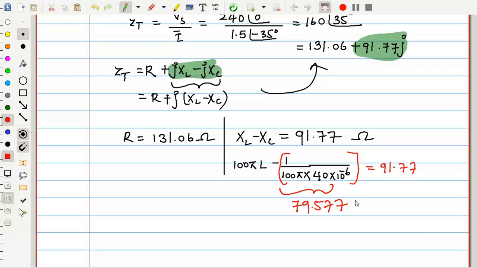When I add that to the other side, plus 91.77, then this entire thing divided by 100 pi gives L. So L is equal to 0.5454 Henry. So here how much we got? 171 here we got.